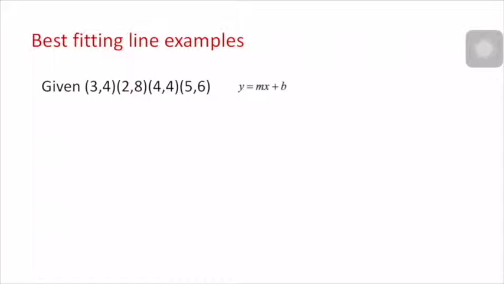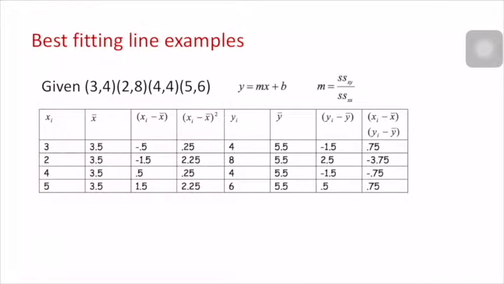The m represents the slope, and in order to find the slope, we need to know SSXY and SSXX. So the first step, we need to make a chart. We need to know x, x bar, x minus x bar, and y, y bar, y minus y bar.